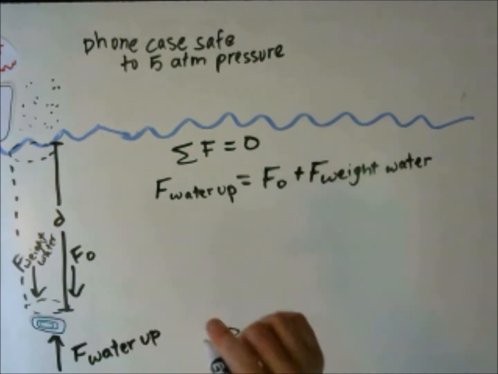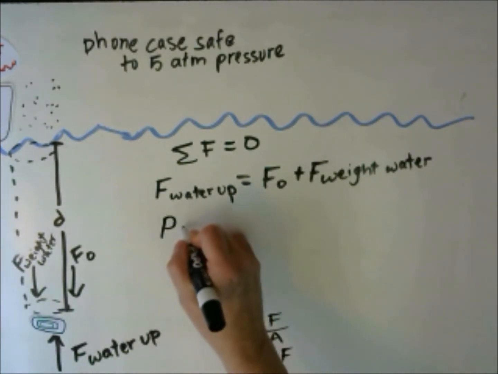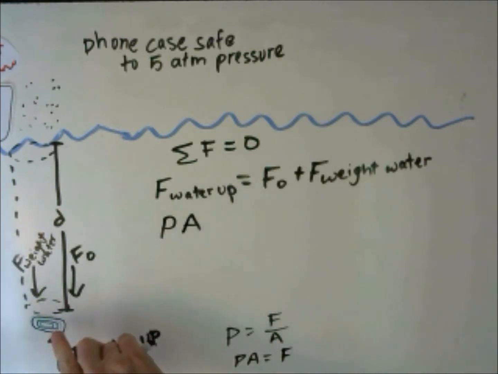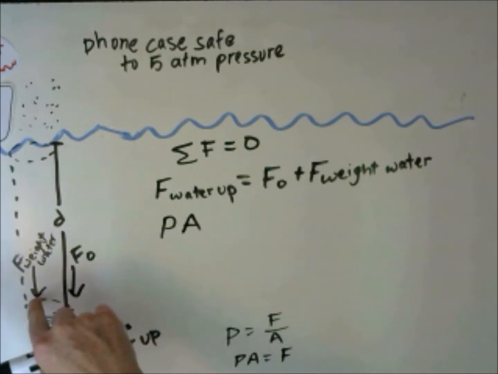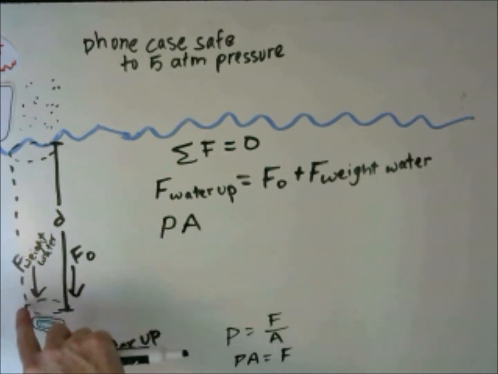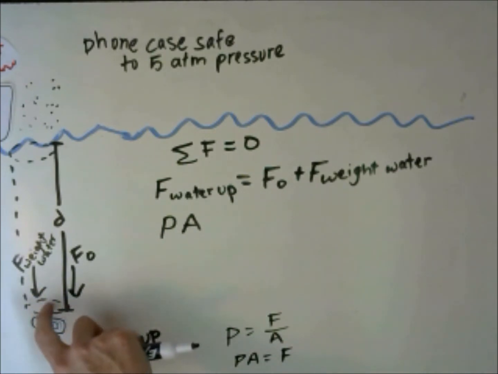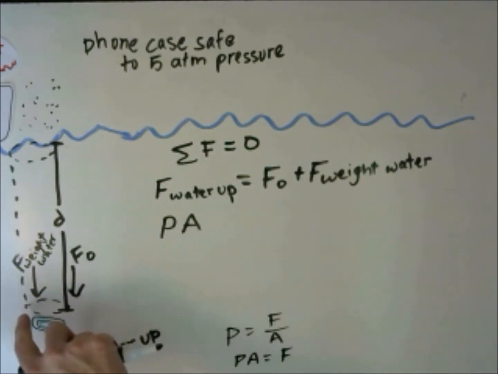So the force of the water up equals the pressure at that depth times the area, and the area is going to be the area that the force is applied. We'll just consider this area of the column, because we're finding the overall pressure at that point. So we'll consider the area of that column.